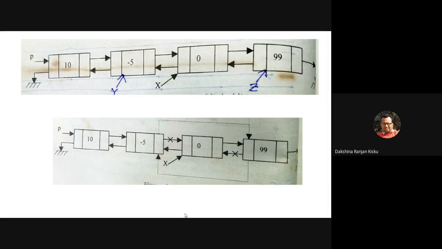Now for this deletion operation, what are the link parts of the nodes that will be updated? Any idea? Which link parts are to be updated so that we can delete the node which is pointed to by x? If you have any idea, you can tell me now.